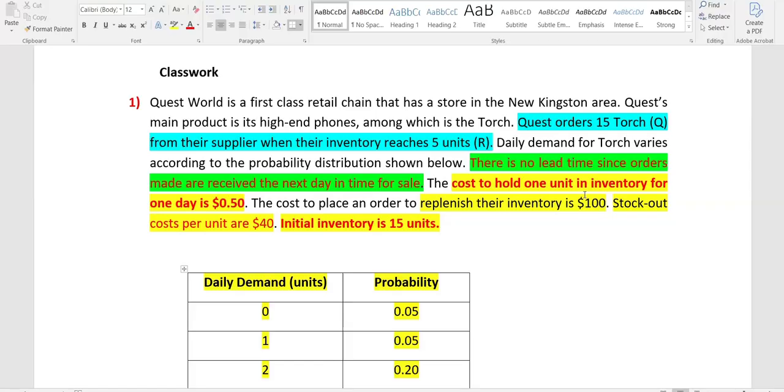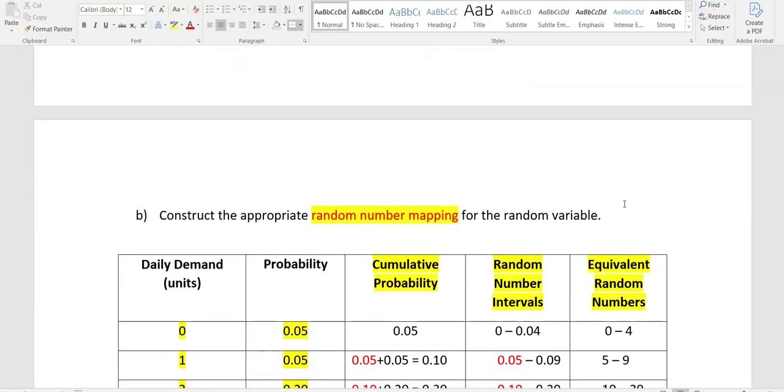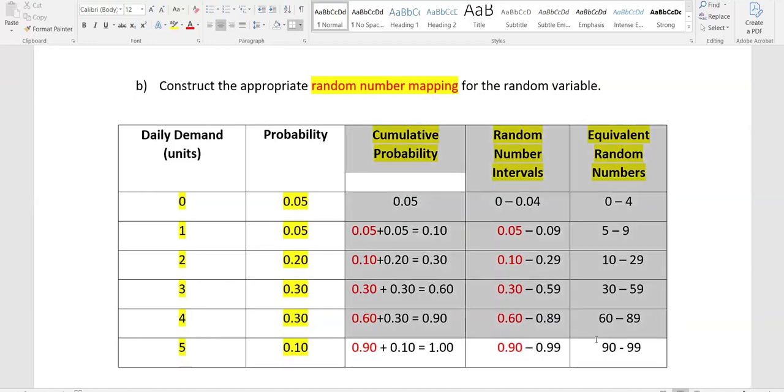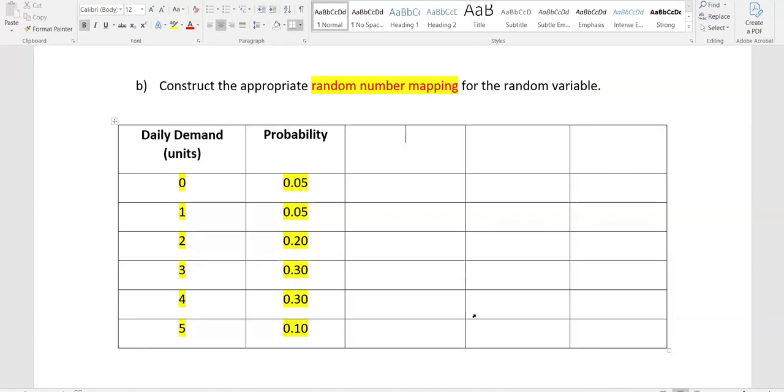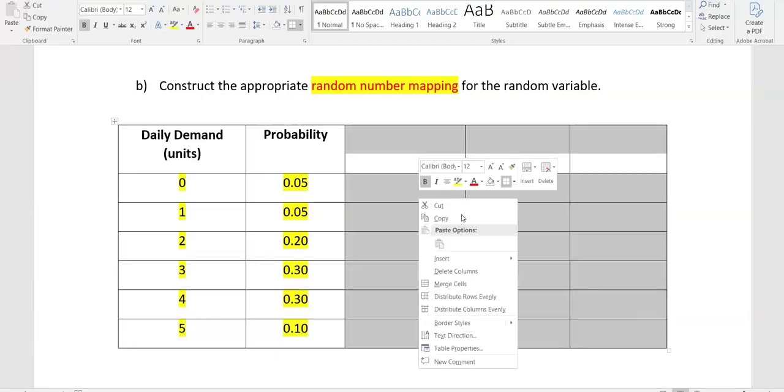All right, everybody is good? Yes, sir. So everybody is clear on how we got that expected value, right? Now the question says we should construct a random number mapping for the random variable.